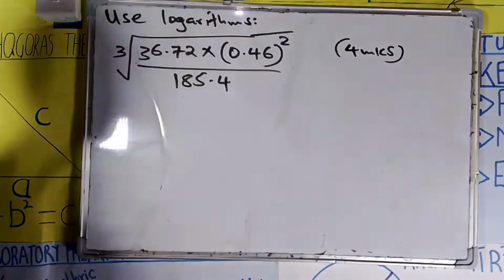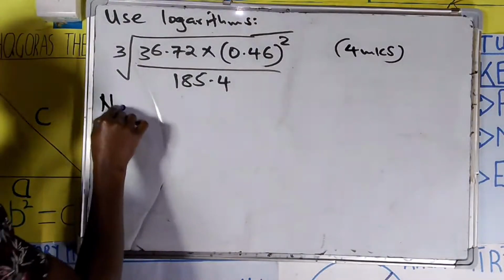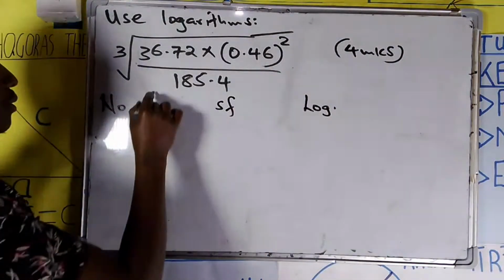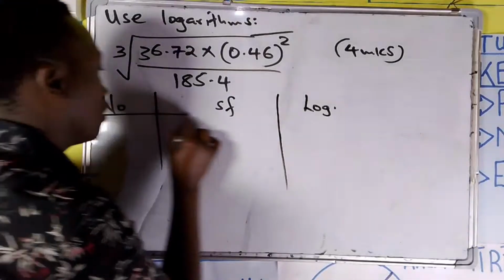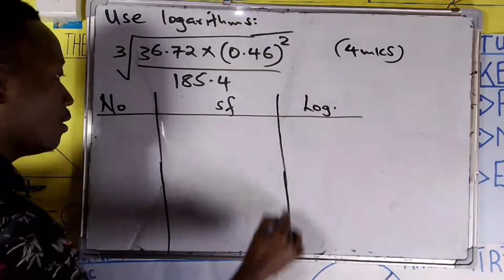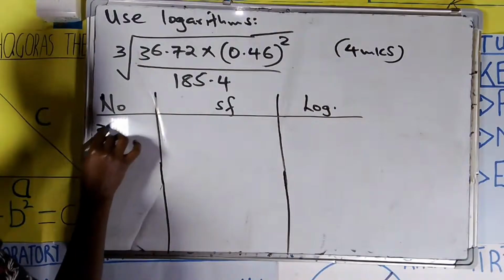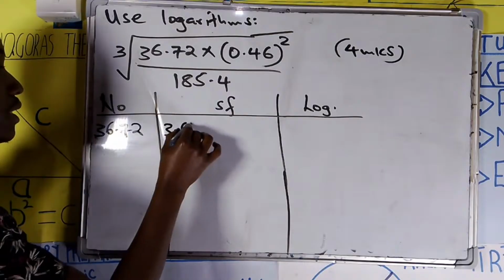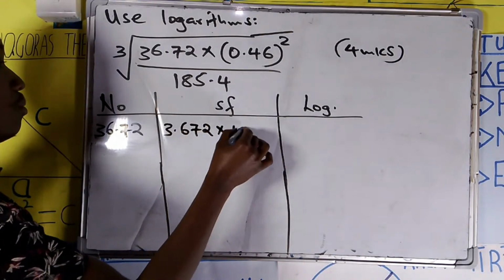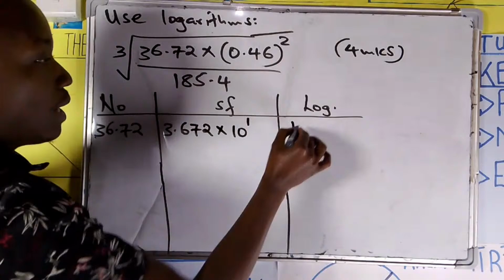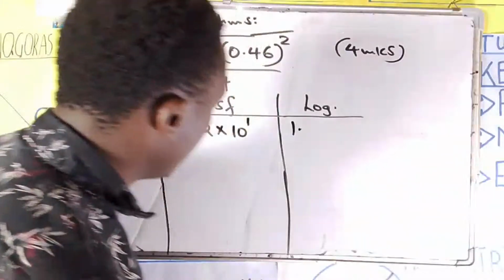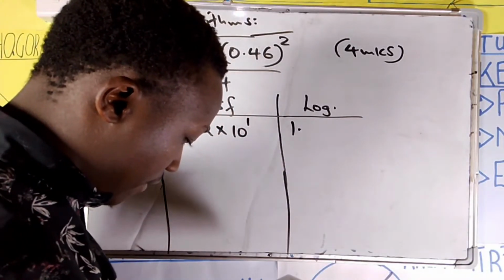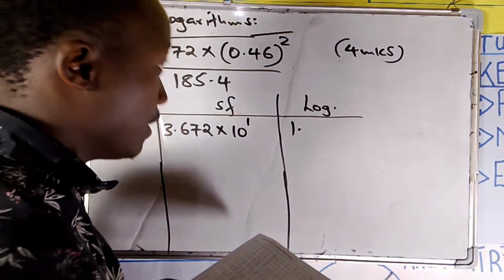Let's do this one. So very fast, number, standard form, log. So the number is 36.72. Standard form is 3.672 times 10 to power 1. Then the logarithm is 1 point. Let's go to 3.672. 3.67 is 5647.